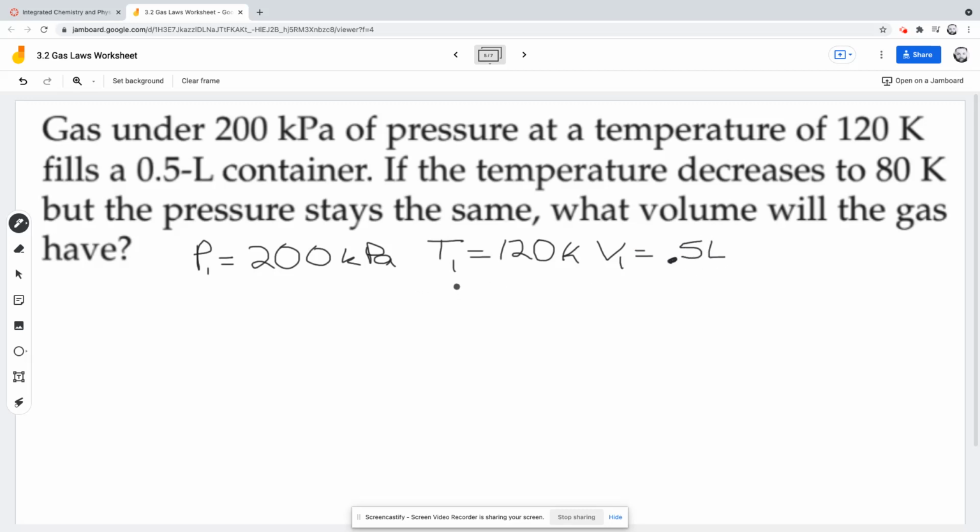And then it says the temperature, T2, decreases to 80 Kelvin, but the pressure stays the same, so P2 is the same, which is 200 kilopascal. What's the volume?